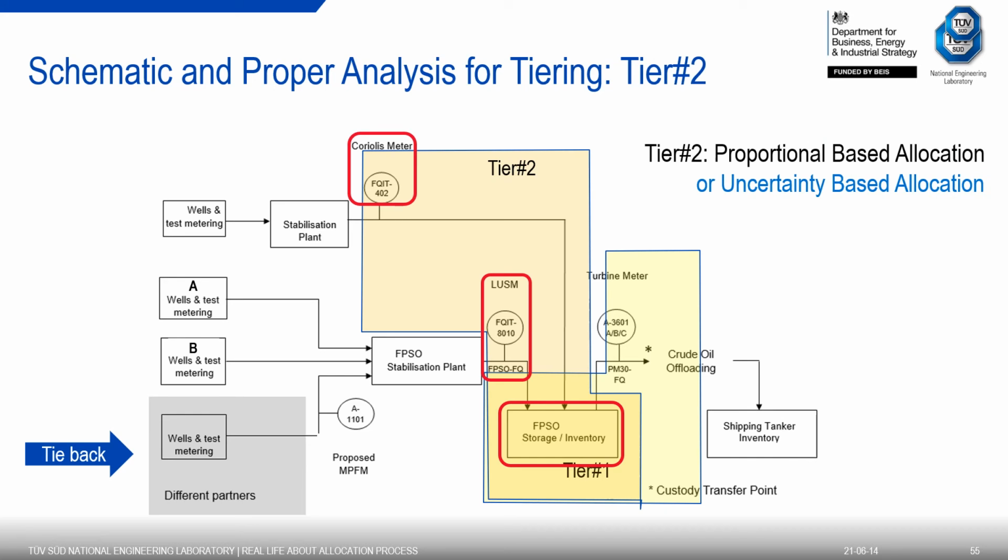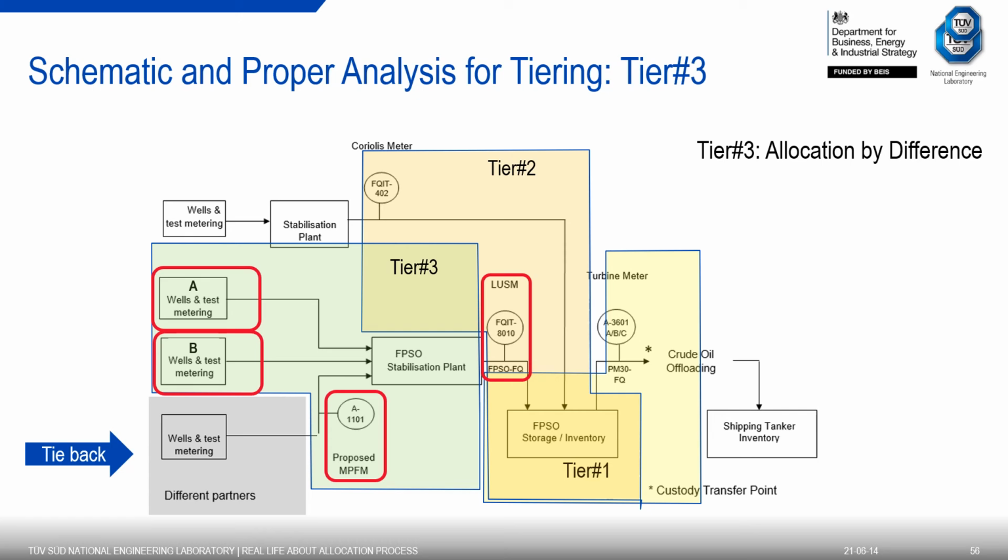The tier 2 will be the production coming from the Coriolis here, or recorded by the Coriolis, and by the ultrasonic against the flow going to your storage, FPSO in this case. Okay, and you could use two systems here, the proportional based allocation, but definitely I will recommend to use the uncertainty based allocation. It will create an incentive for this field here and for the FPSO here to keep the equipment at the highest level in terms of performance, or the best level if you prefer.